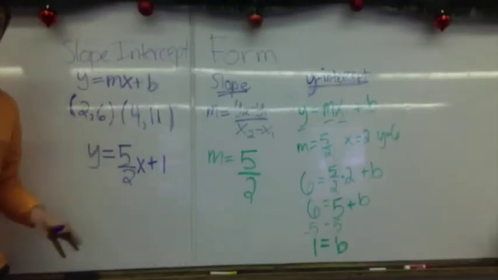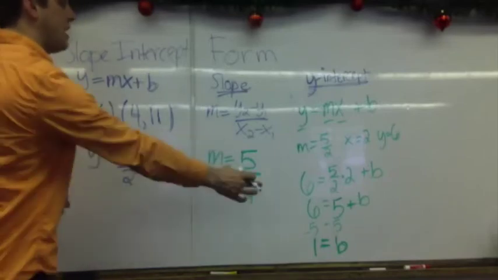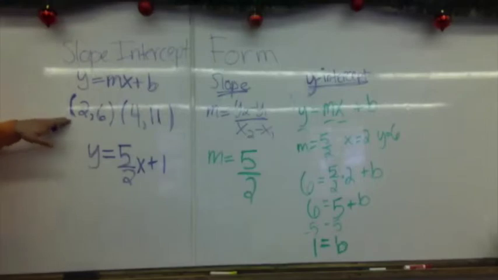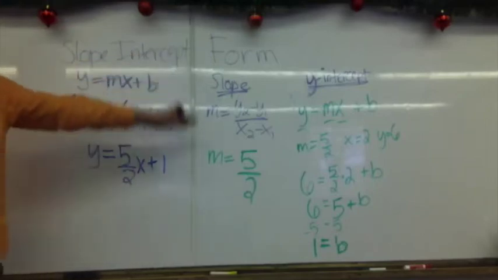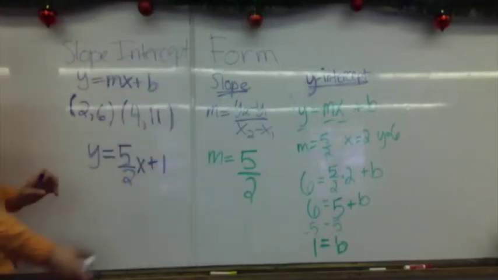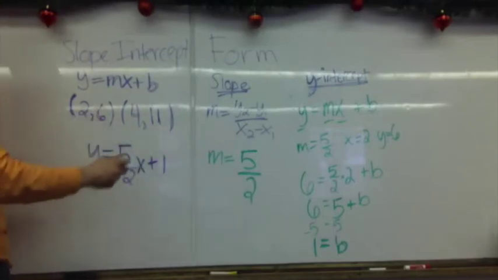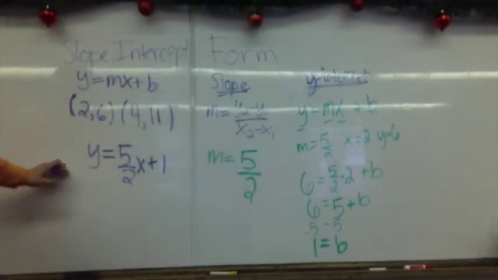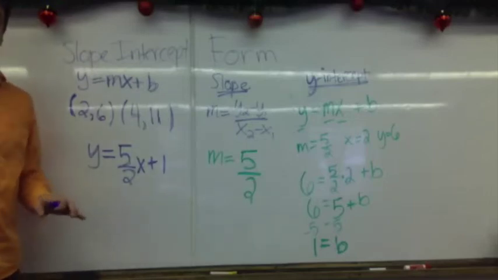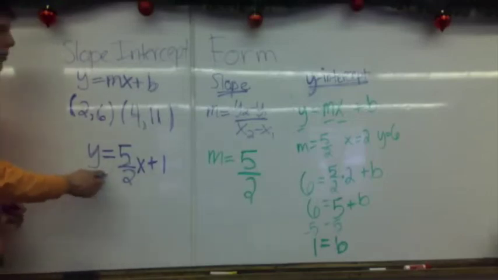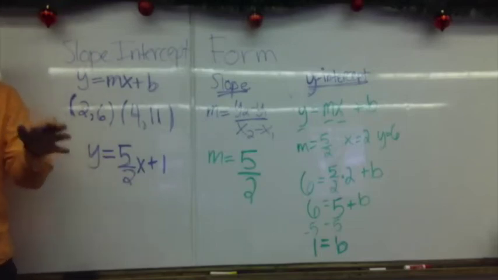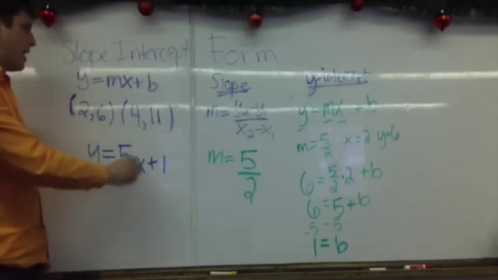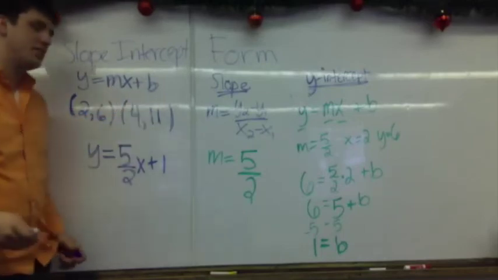So to review, we found our m and we found our b. We found those first by taking these 2 points and finding the slope with them. Then we used our slope and one of these points to find our b value. And then at the end, we wrote down our equation. When we write down our equation, we don't put values in for y or x. We make those variables again. Then we put values in for our m and our b, the ones that we discovered.